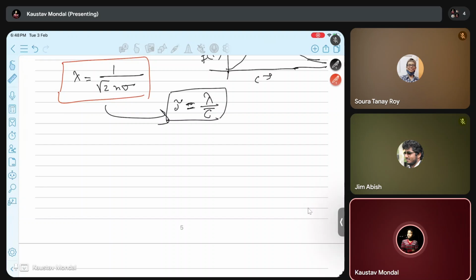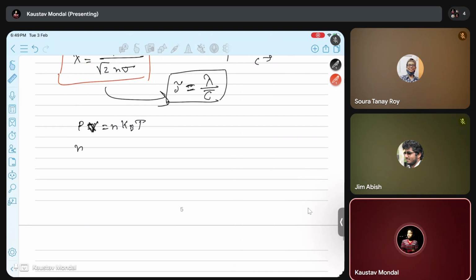Let's suppose in the question, instead of mentioning the gas density, P is mentioned, that means the pressure of the gas. In that case, you can use PV equal to N kT, right? So if you move the V to the right-hand side, it gives you N by V into kT.